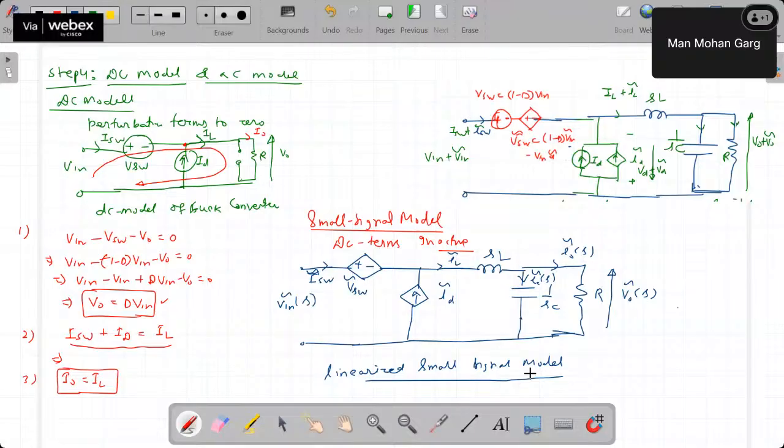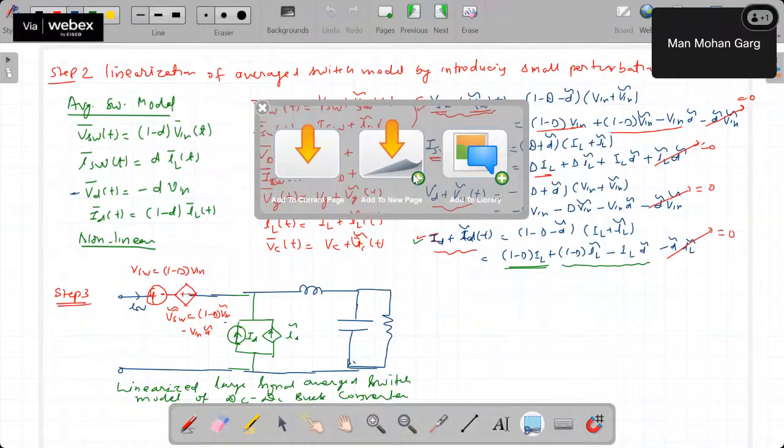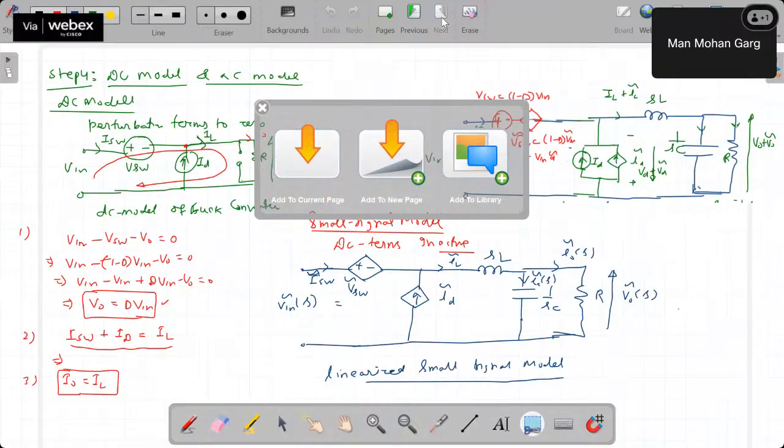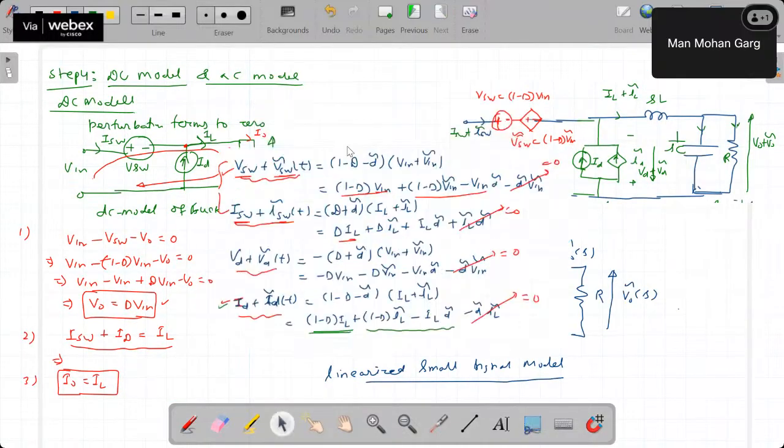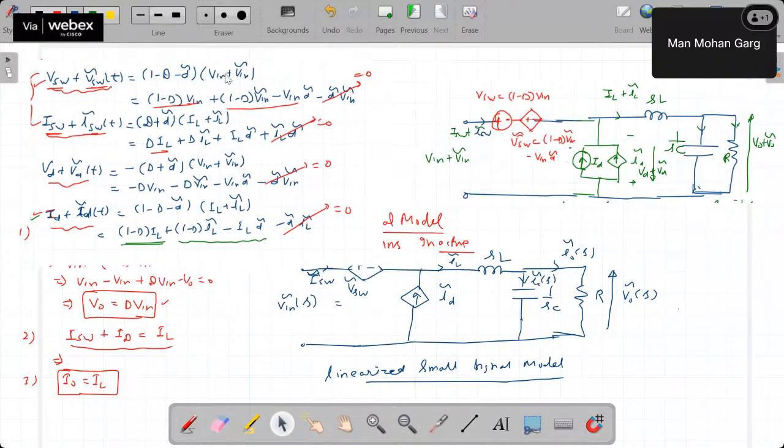So now let us write these two terms also in this VSW. So what was the VSW? Let me crop this a little. Just temporary I'm putting it over here.